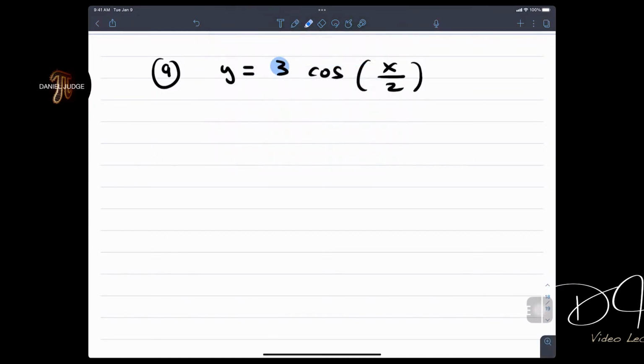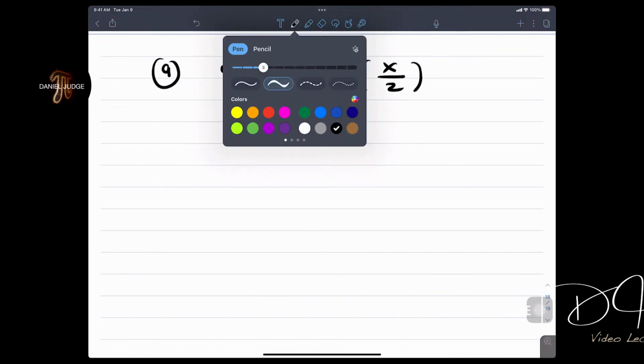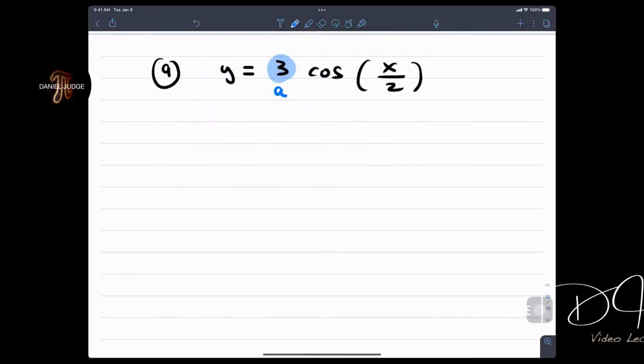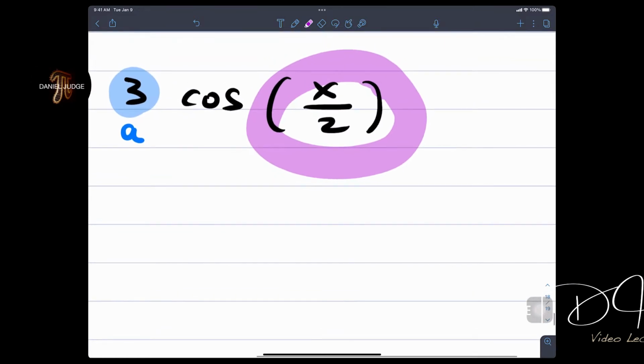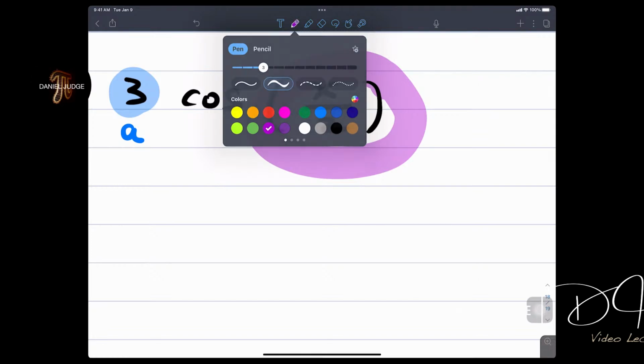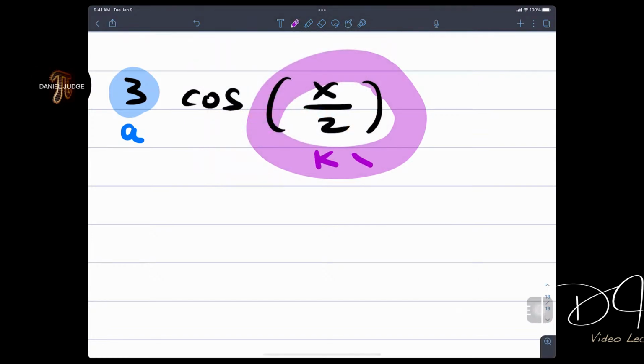So let's read this. We have an a value of 3. And right in here, ladies and gentlemen, I'm going to highlight this information. This is where students are going to maybe make a mistake because they don't know what k is. Remember, k is the number multiplied to x. So you have a number divided by x, and you say, I just don't know what that is.